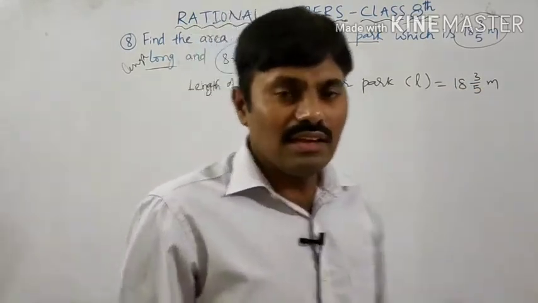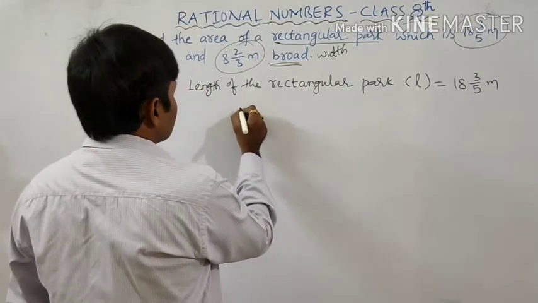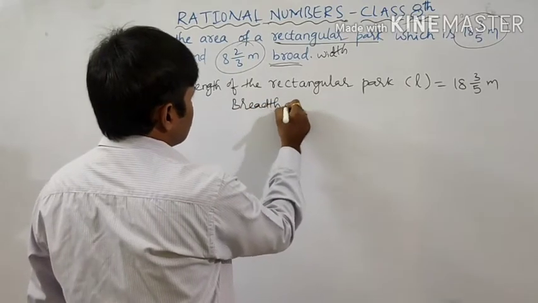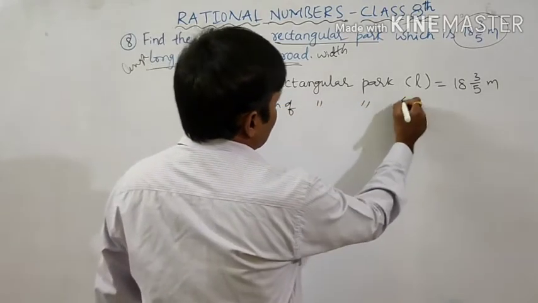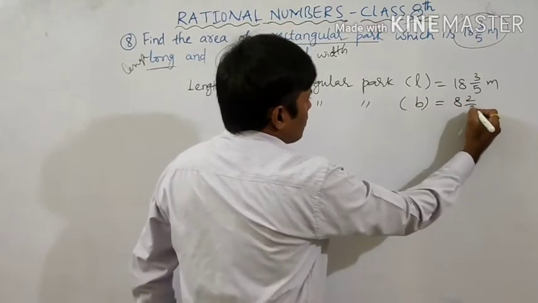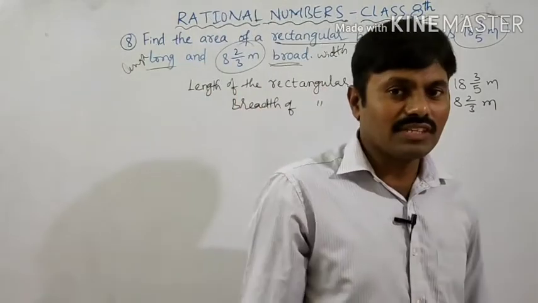And the breadth of the park, that means nothing but width, we consider as B, is 8 2/3 meters. Clear?